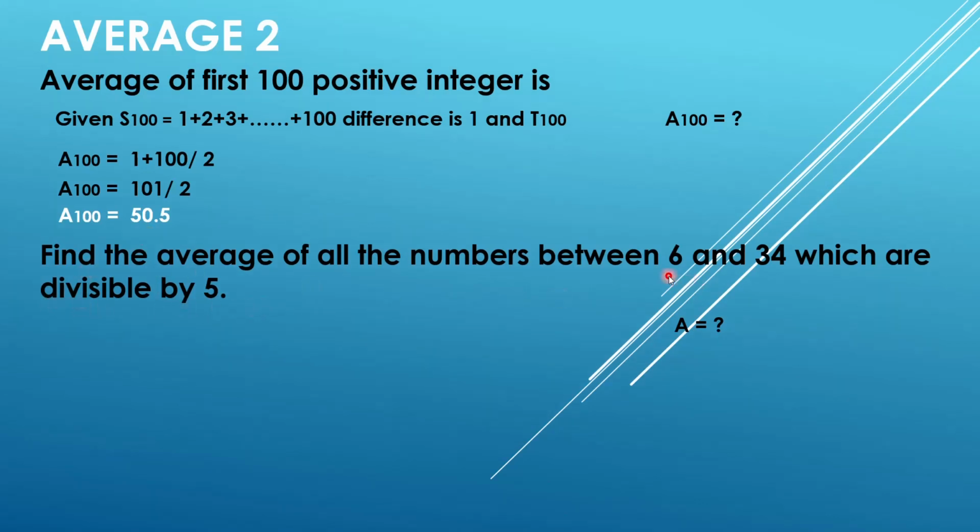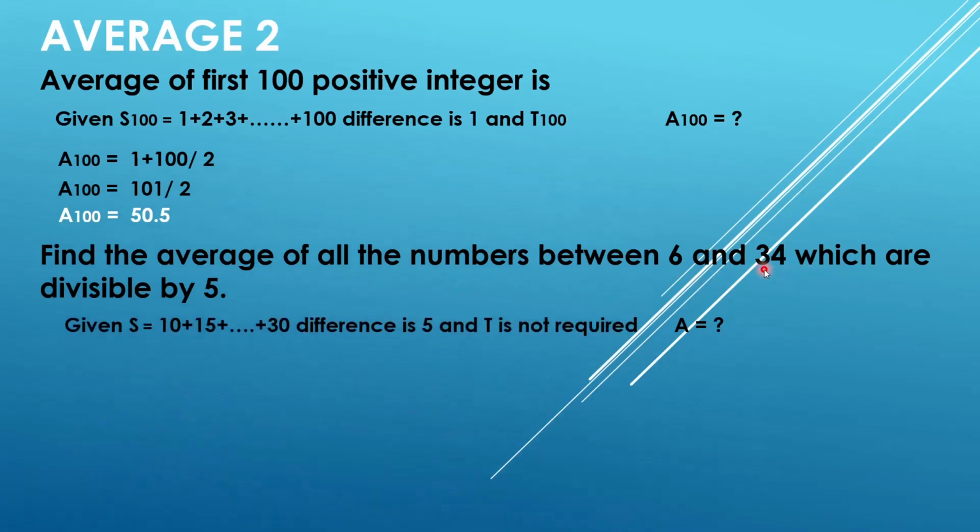So what are the numbers from 6 to 34 which are divisible by 5? First it will be 10, then 15, then 20, then 25, then 30, and 35 is greater, so it will not come in between, so only till 30.